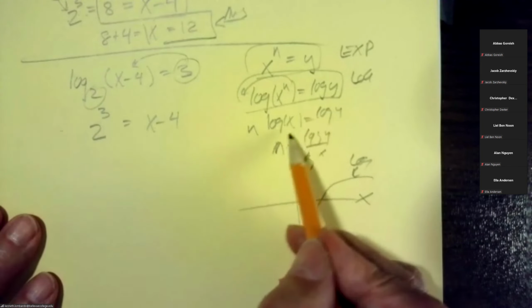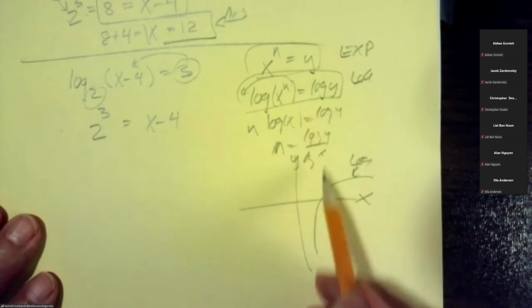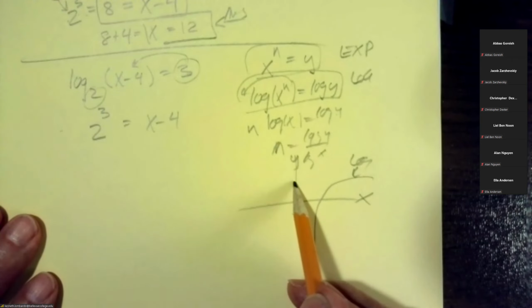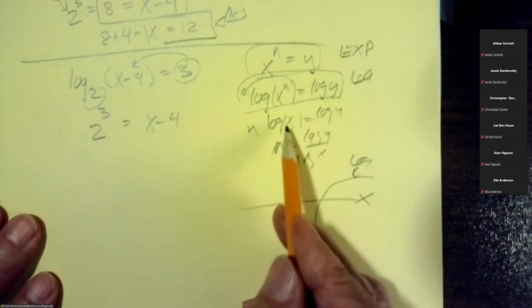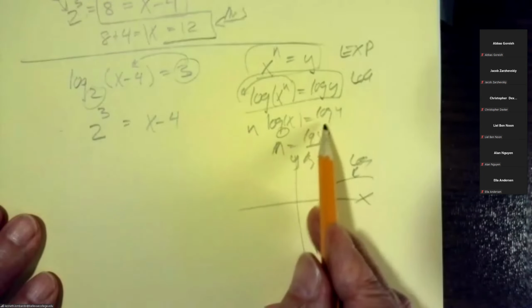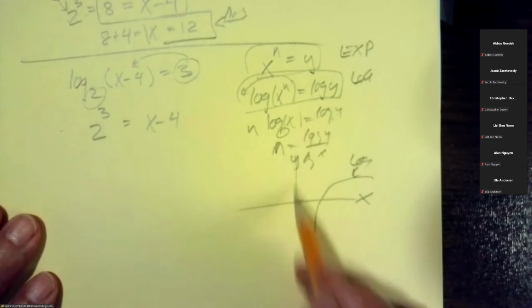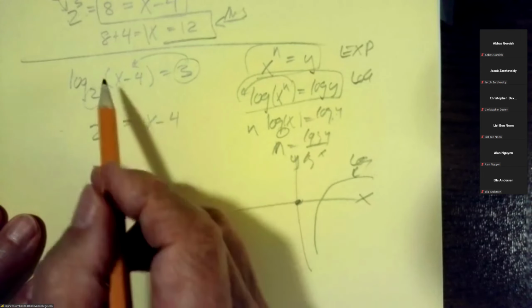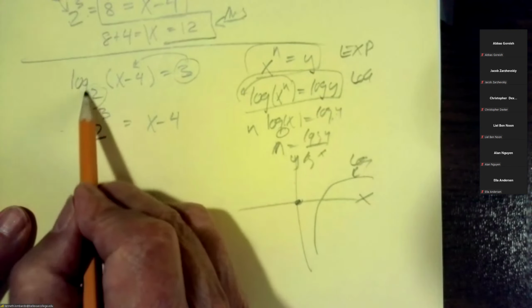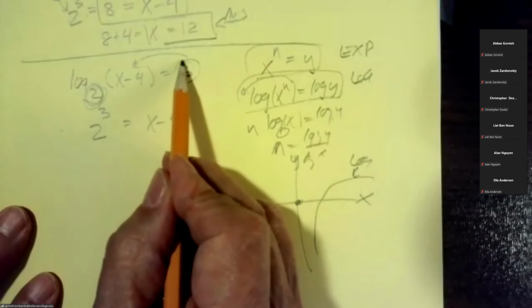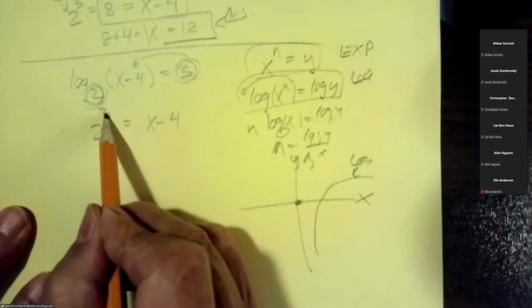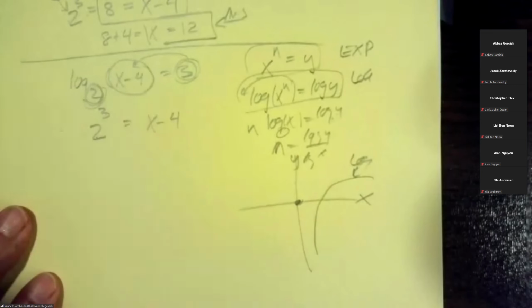We can't take some base to some exponent and get a negative value. We can get a small value, but we can't get a negative value. There's no way to take some positive base to some exponent and get a negative. So it's always going to be to the right of the y-axis. Here's the base, here's the exponent. So 2 to the 3 equals this. That's really the definition of what the log is.